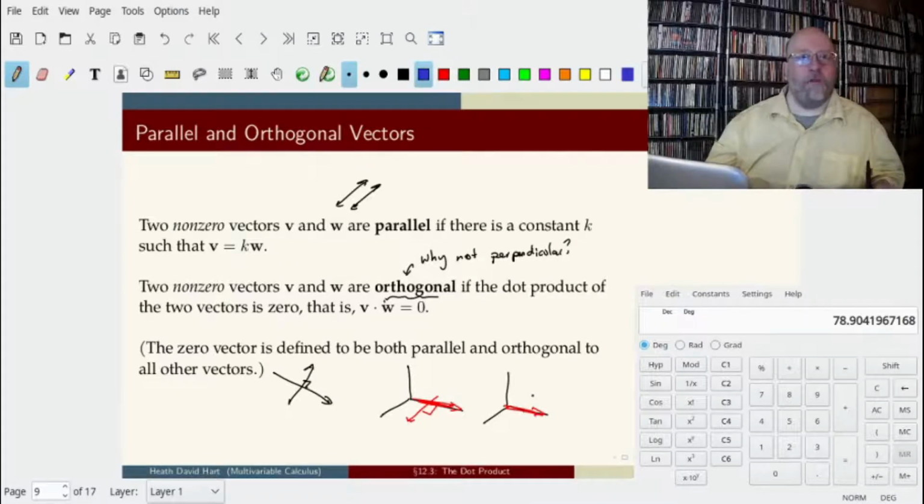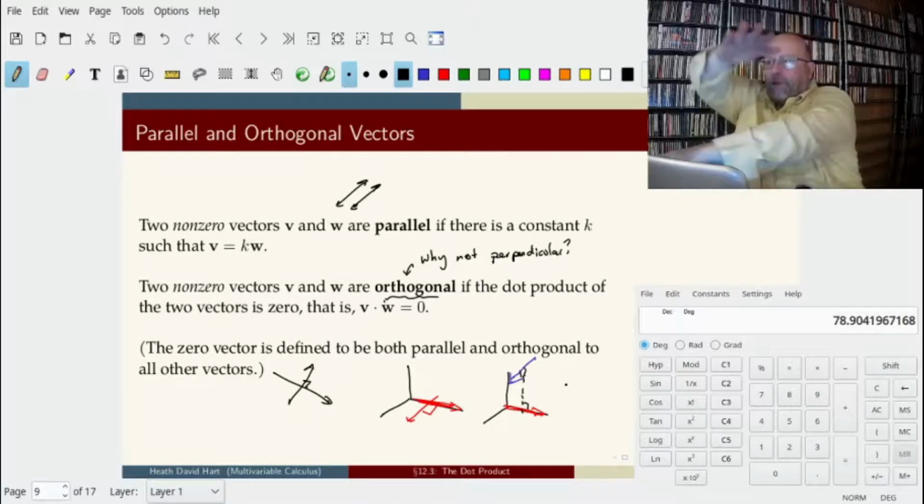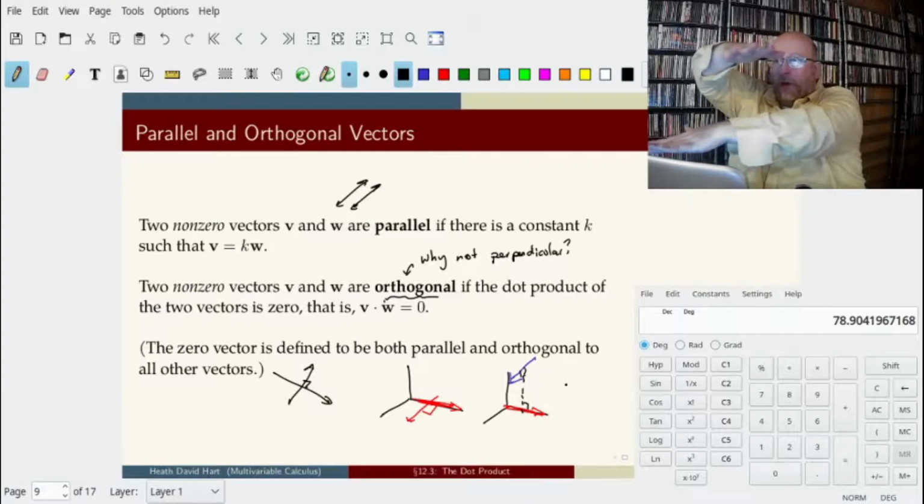Instead of the second vector going through this vector, the second vector might be higher up in the z direction. And these two vectors point in directions that are at right angles to each other, like this one points due north and this one points due east, for example.